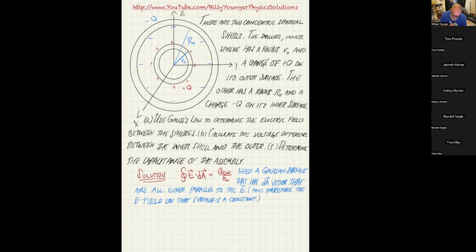So they all either need to be parallel to the E or perpendicular to the E field, so that the integral E dot dA is equal to 0 for those surfaces.